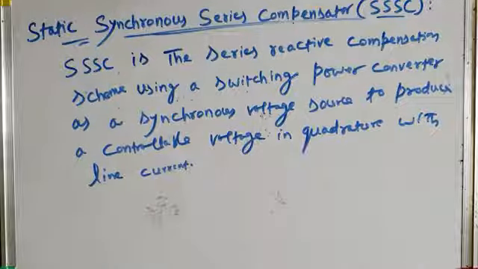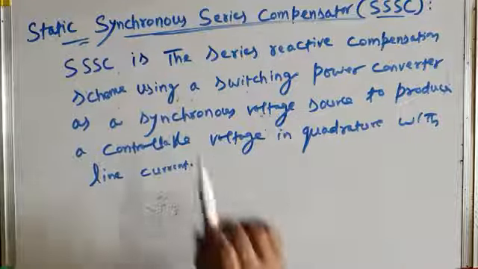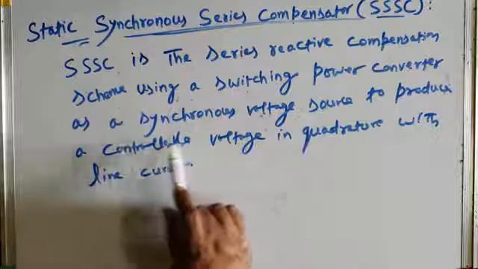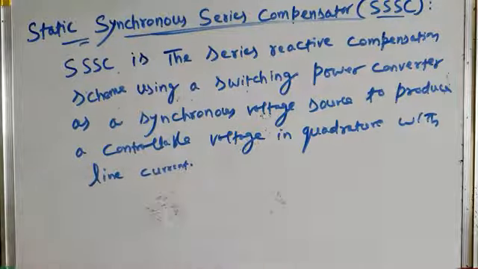All series compensators actually produce voltage, whereas shunt compensators inject the current. Since SSSC is a series compensator, it is a series reactive compensation scheme using a switching power converter as a synchronous voltage source to produce a controllable voltage in quadrature with line current.